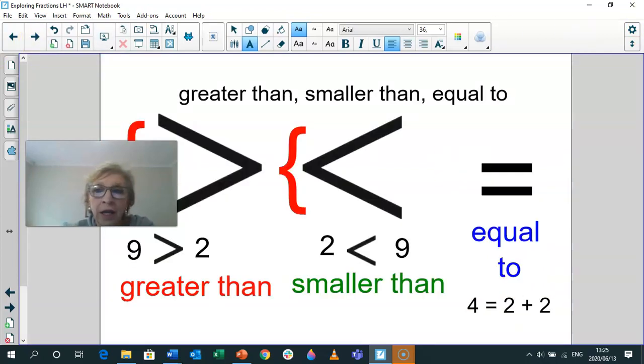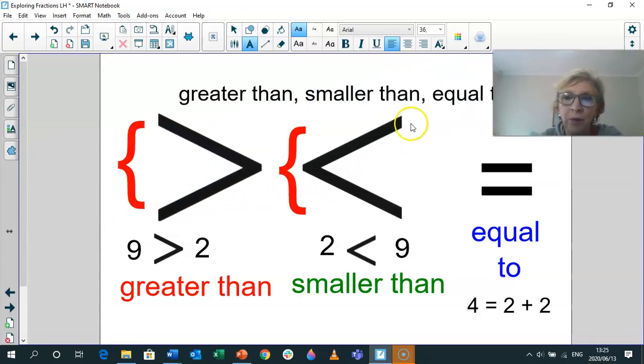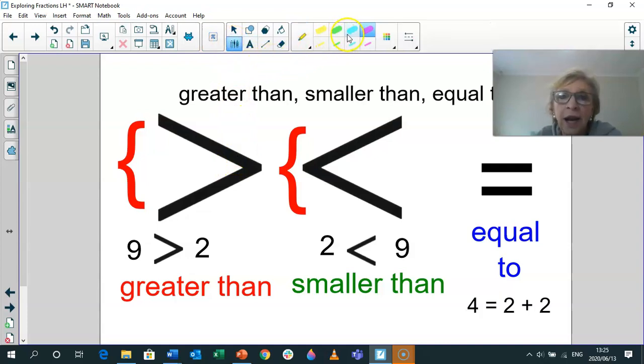I hope so. Now, here's another concept that we need to really understand well. Okay, so it's greater than, smaller than, and equal to. So these signs here tell me if a number is greater than, smaller than, or equal to another number. This sign here is called greater than.